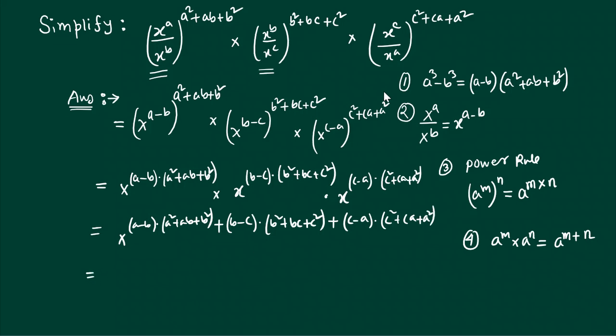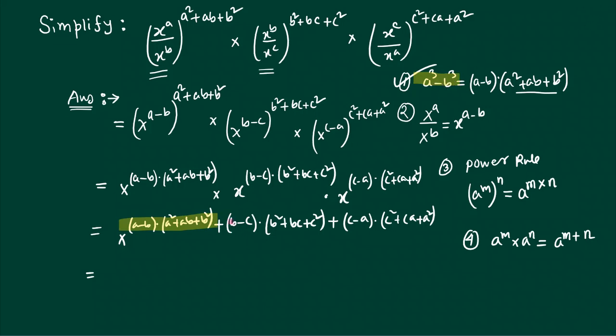Now we use the first identity, which is a³ − b³ = (a − b)(a² + ab + b²). So instead of (a − b)(a² + ab + b²), we can write a³ − b³.